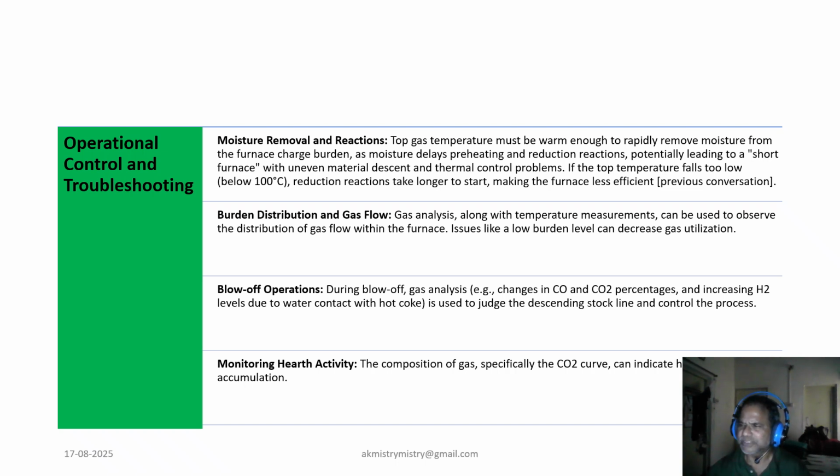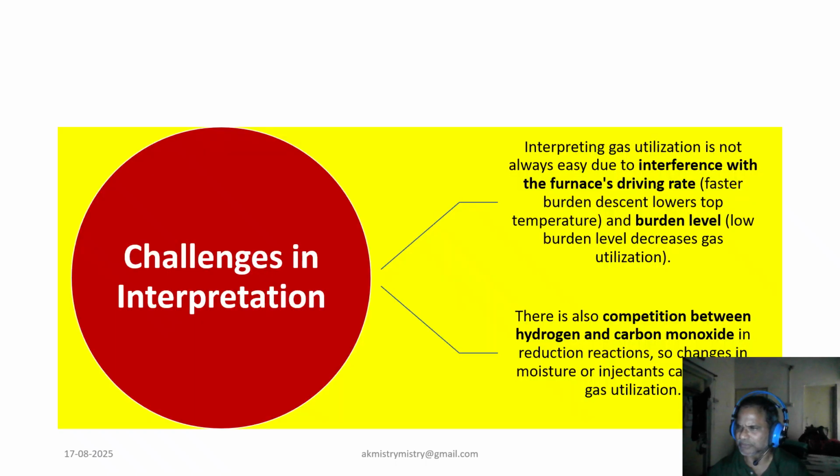This is because a higher hot blast temperature means less gas is needed for heat in the lower furnace, resulting in less gas reaching the upper furnace and thus a decrease in top gas temperature, which is very important for operators to learn. Now, various injectants also significantly affect top gas composition, enthalpy, and temperature.